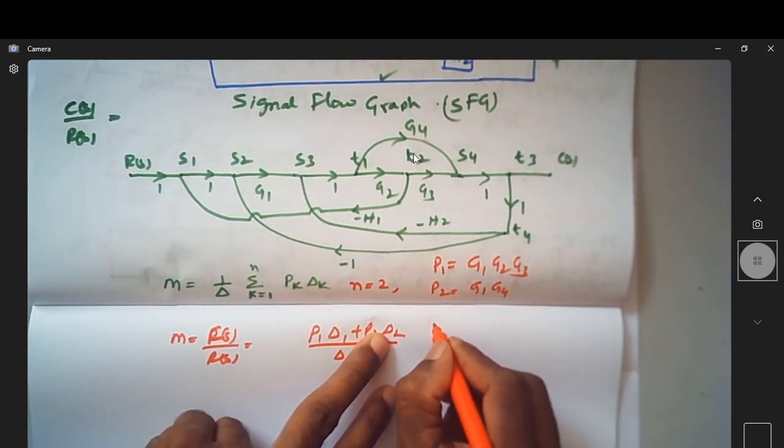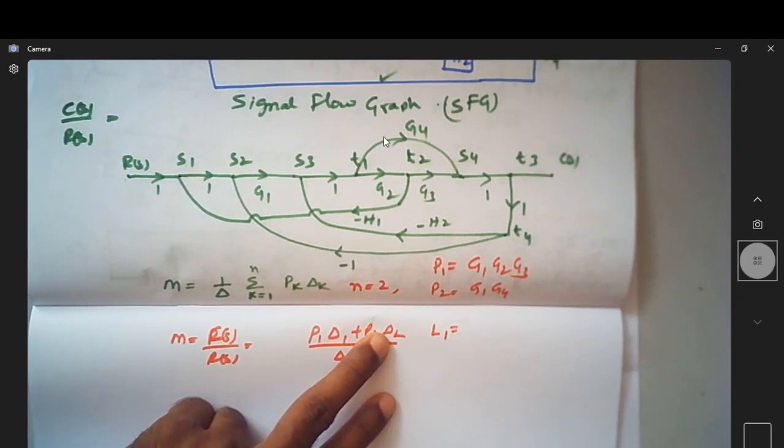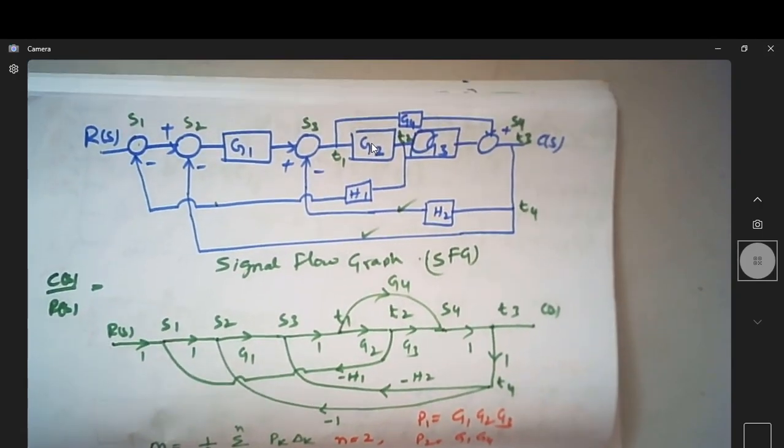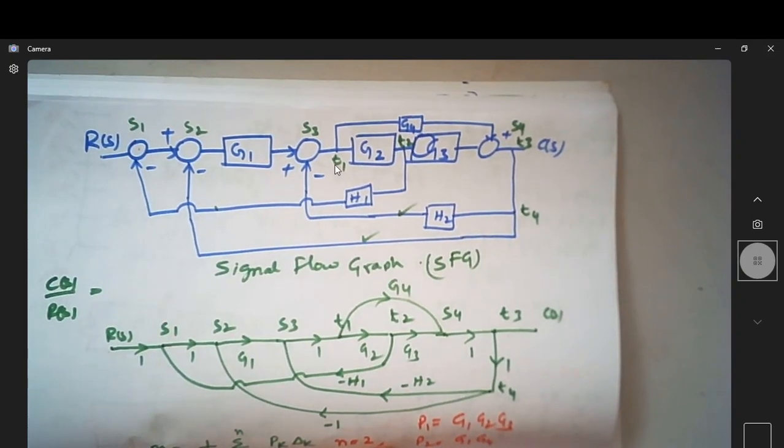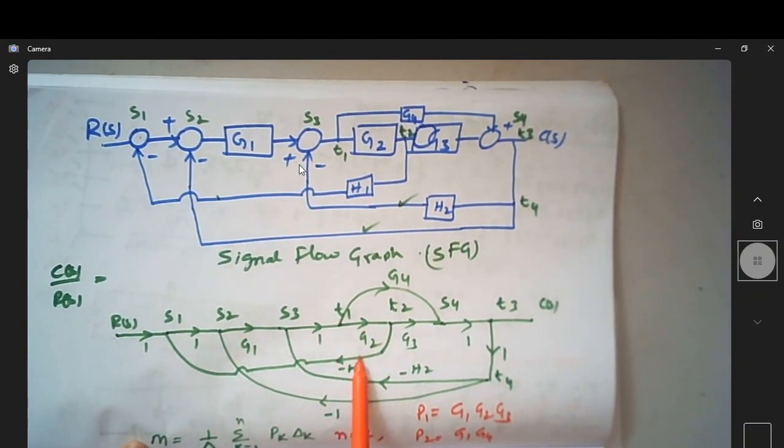Let us find the loops. So if you can see here, one of the loops is G1, G2, H1, that gain is minus G1, G2, H1, which is evident here also. Can you see here? This is G1, G2 minus H1.